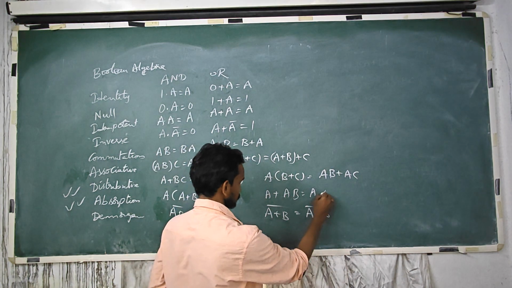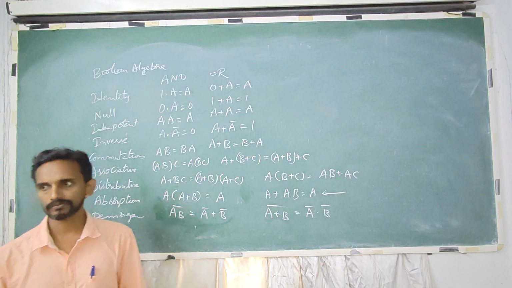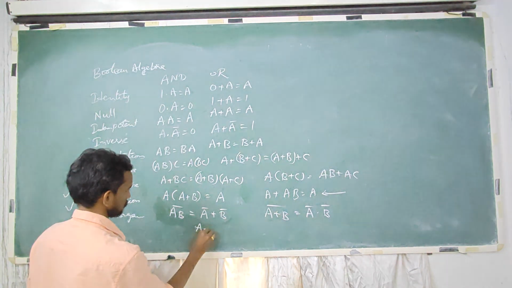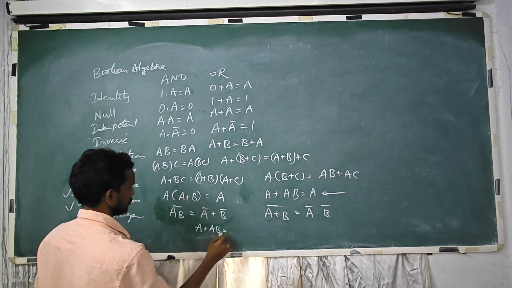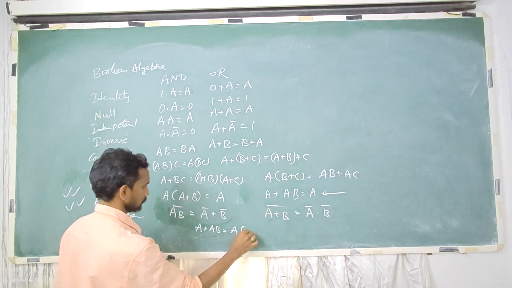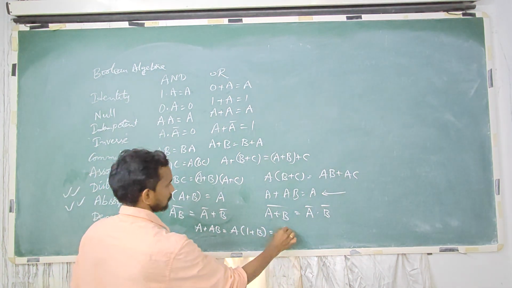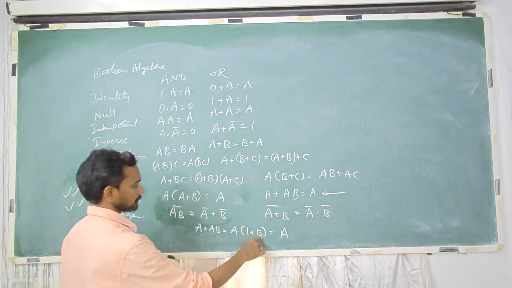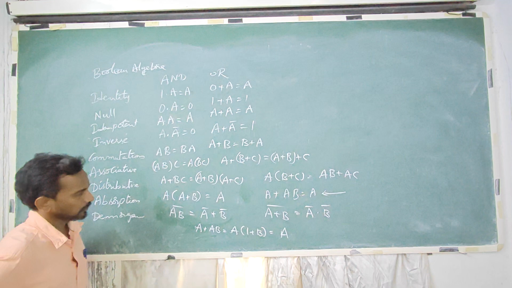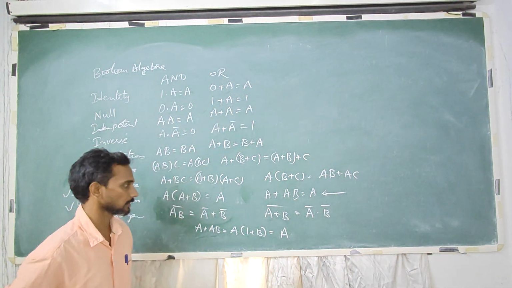Let us look at this. A plus AB is equal to A. You can take A as common: A into 1 plus B. If you add 1 to any Boolean variable, 1 plus something is 1.